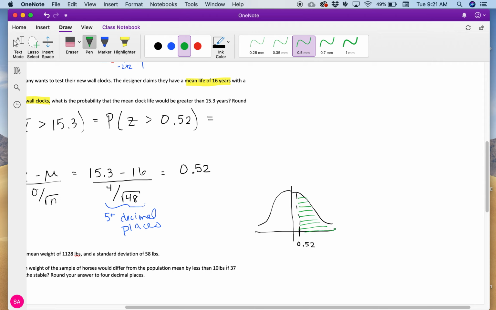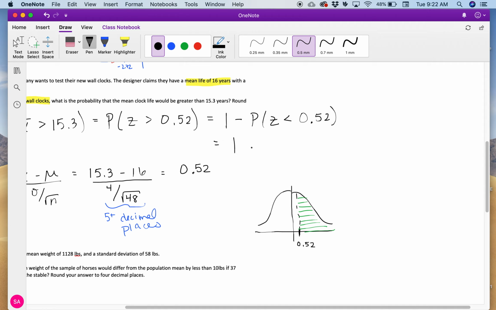So we're trying to find area to the right, which, remember from the chapter 8 videos, the z tables don't give us area to the right, they give us area to the left. So to figure out area to the right, we do 1 minus the area to the left of that same value. So we're going to look at 1 minus the probability that z is less than 0.52.